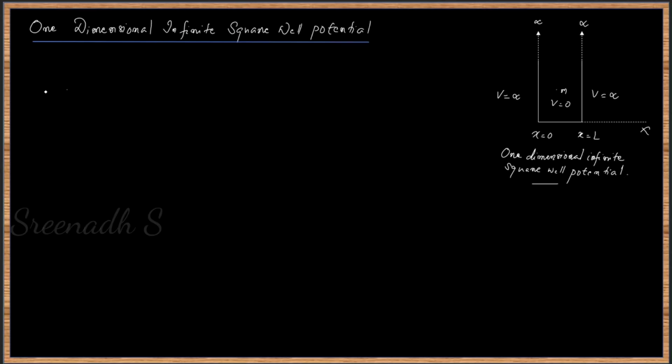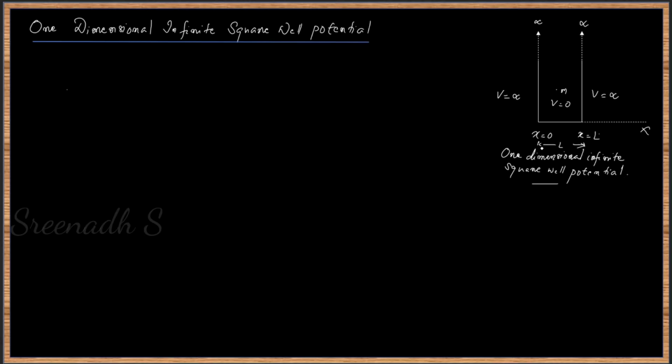Here we consider the motion of a particle of mass m, confined to move between two walls of infinite height at x equal to 0 and at x equal to L. So you can see the width of the box is L.